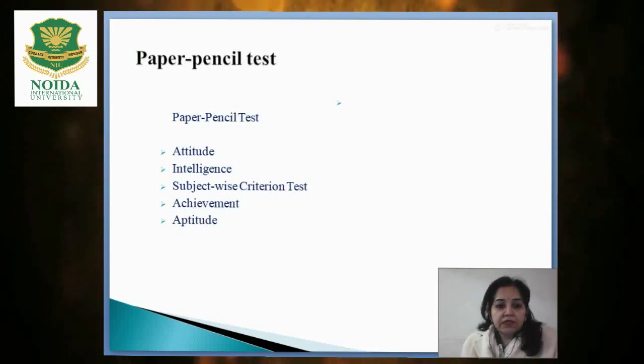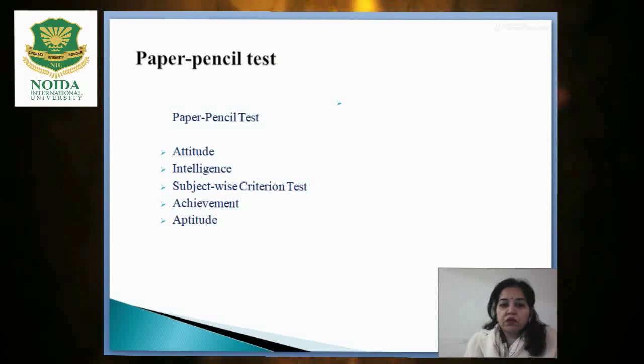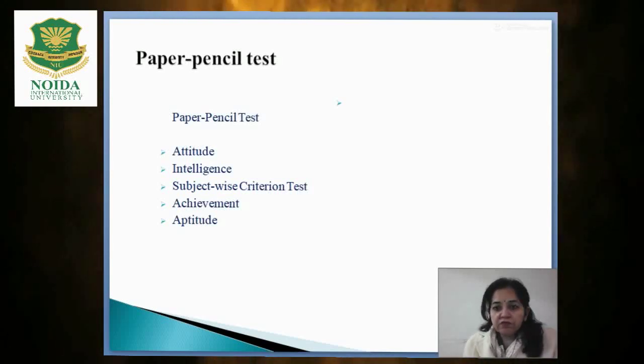The paper pencil tests can focus on what the person knows, that means the achievement. It focuses on what the student is able to learn, that means the ability or the aptitude. It can also focus on interest, attitudes, or values, and on what he is able to do.